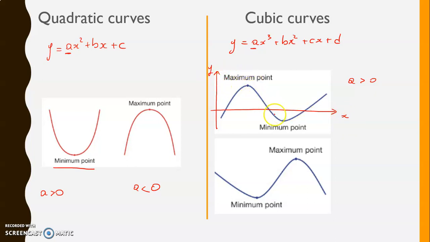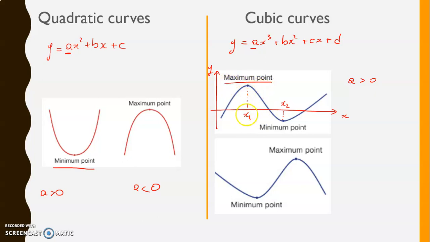Once you find your stationary points, if your graph looks like this, let's assume one point has x coordinate x1, and this point has x coordinate x2. Now the point with the smaller x coordinate, in this case, will be a maximum point.